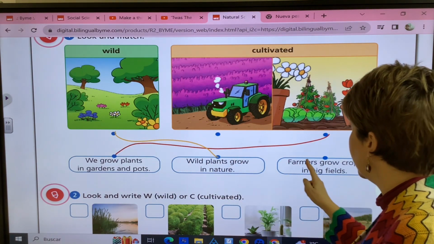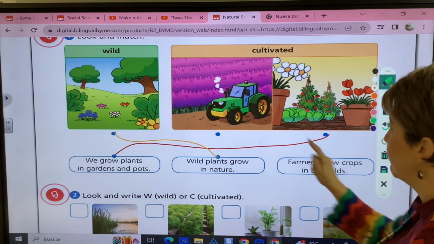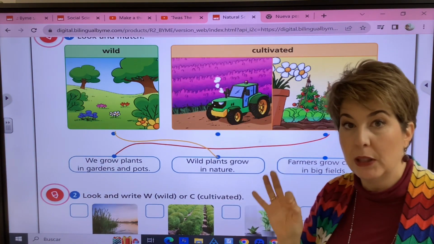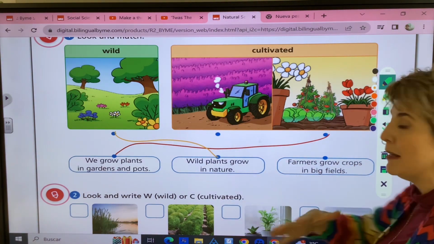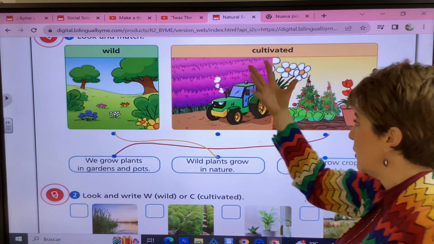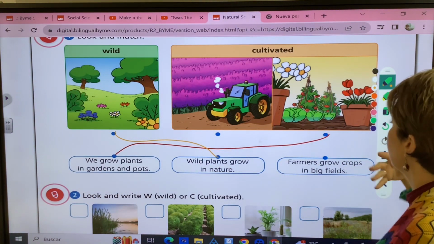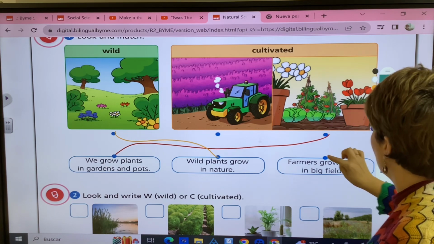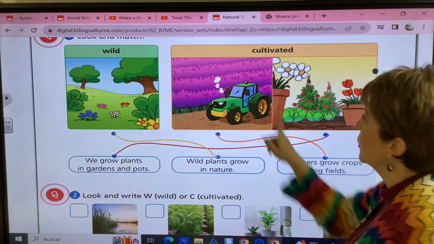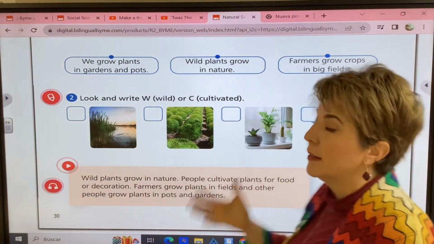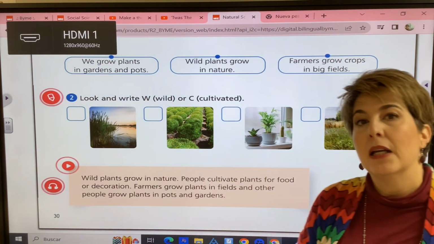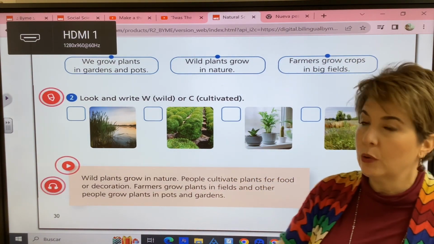And farmers grow crops. Remember that crops, son cultivos, grow in big fields with tractors and different machinery. So those would be cultivated plants.